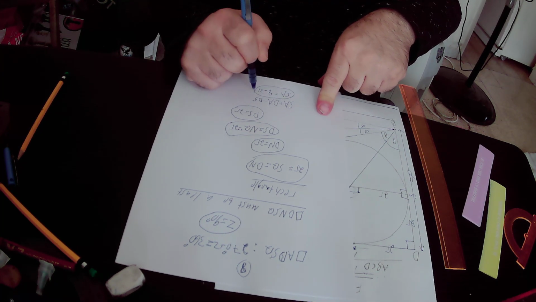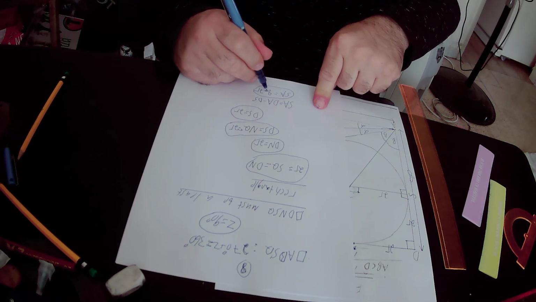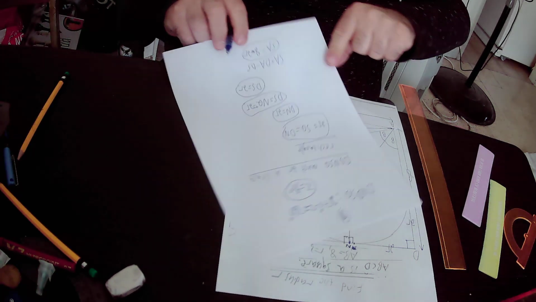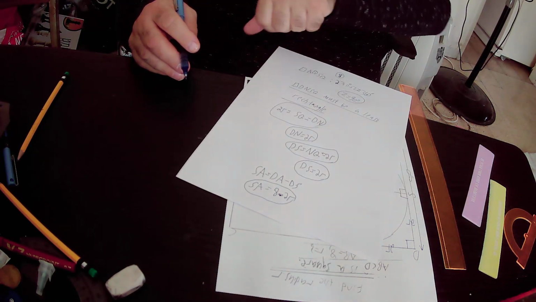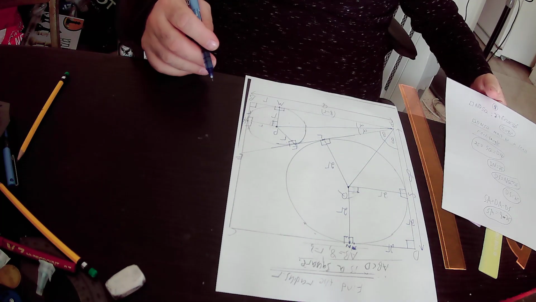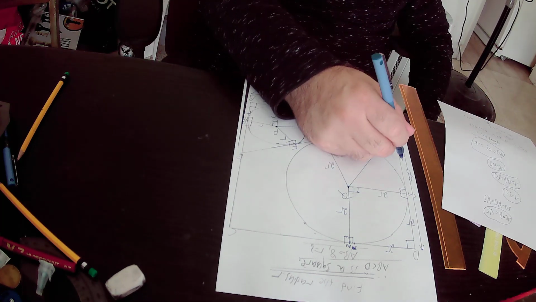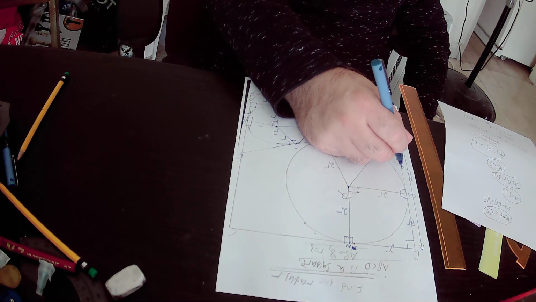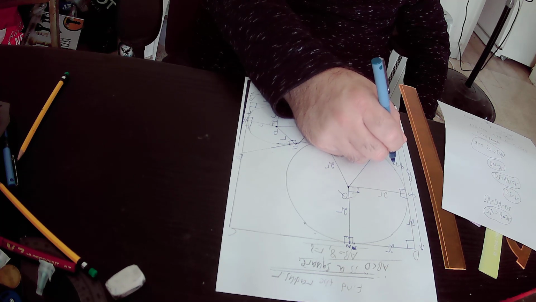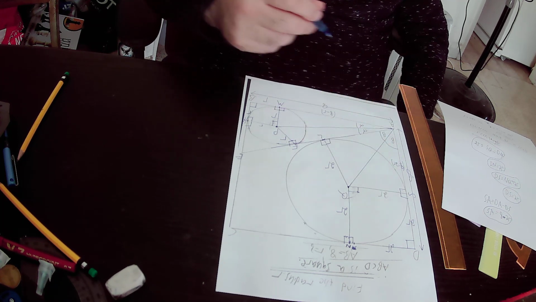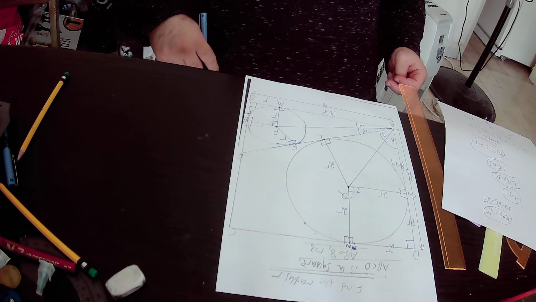So we found out that SA equals 8 minus 2R.